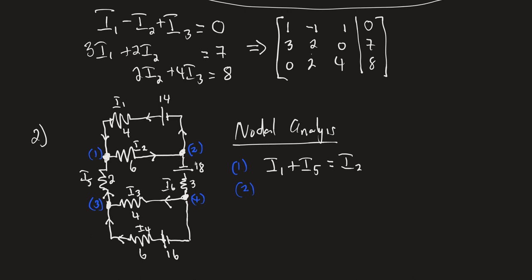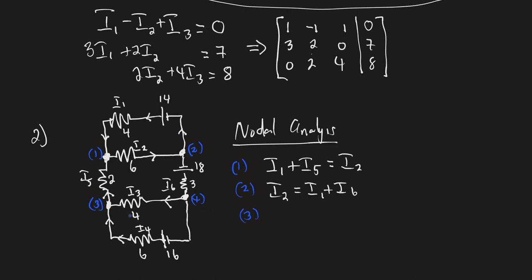Yep. So what we have going in is I2, and then we have I1 and I6 going out. So I1 plus I6. And so far we're getting different equations.